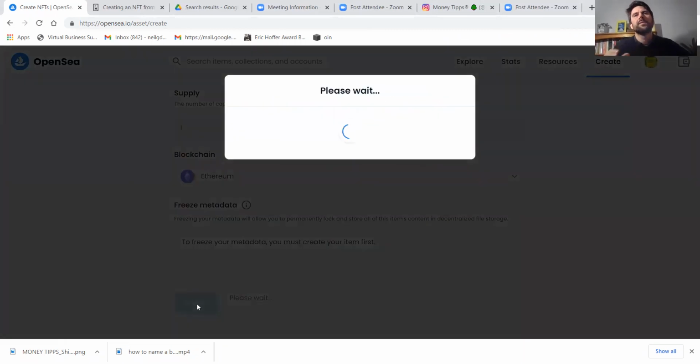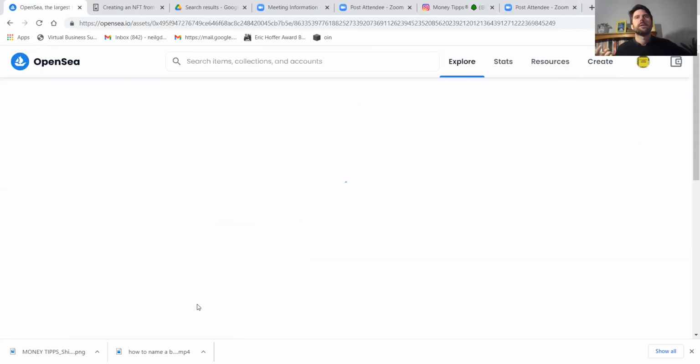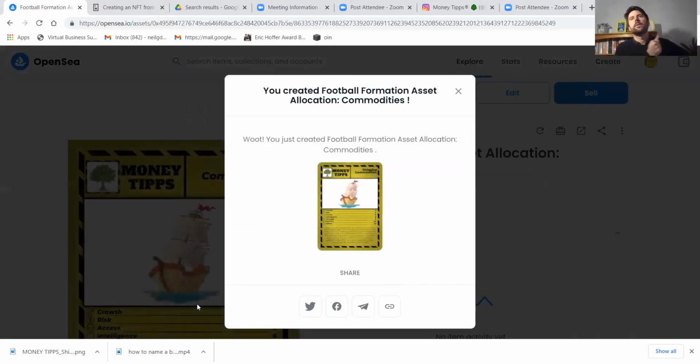Waiting for your wallet. I've connected my wallet already, and it's just doing that. Hopefully it's moments. Boom, there we go. You've now created it. So that's there.